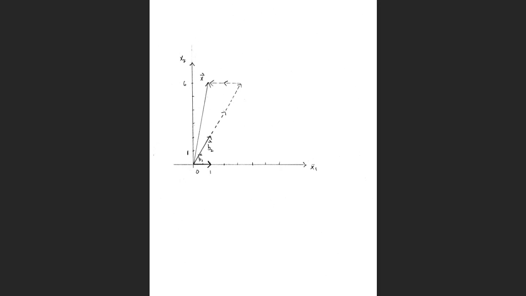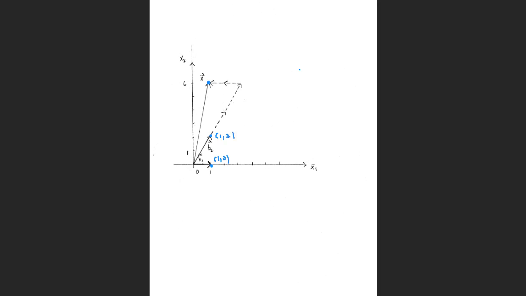The basis vectors in the picture are not E1, E2. They're B1 and B2. B1 here has coordinate 1, 0, and B2 has coordinate 1, 2.